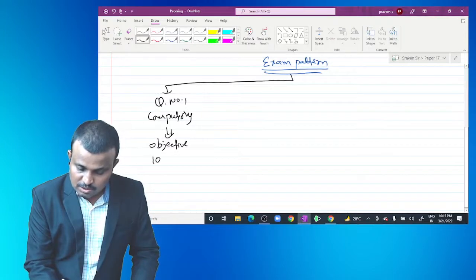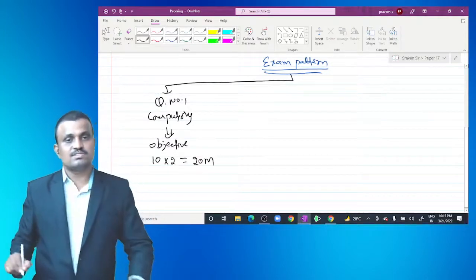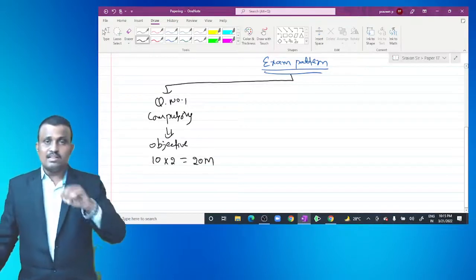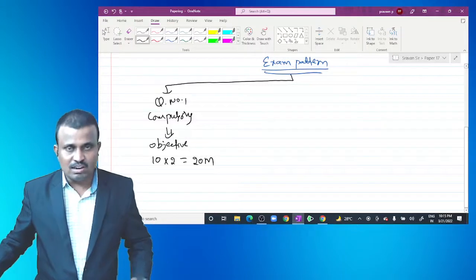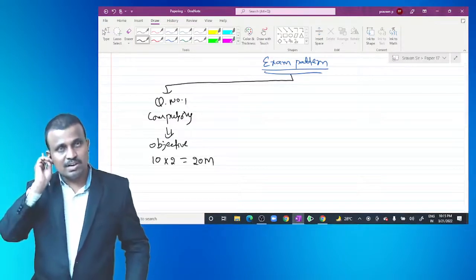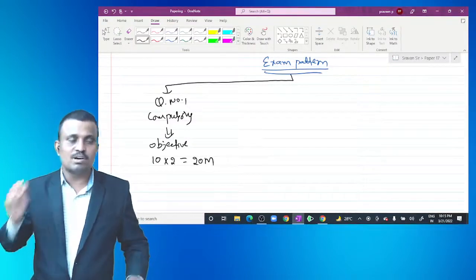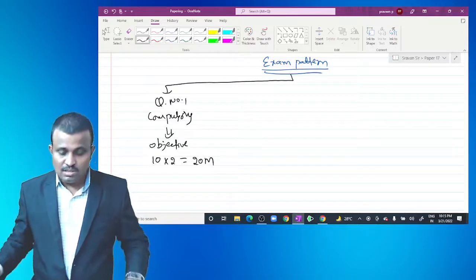There are 10 questions, each carrying 2 marks, total 20 marks. Out of the 20, 1 mark is for the key answer and 1 mark is for justification.